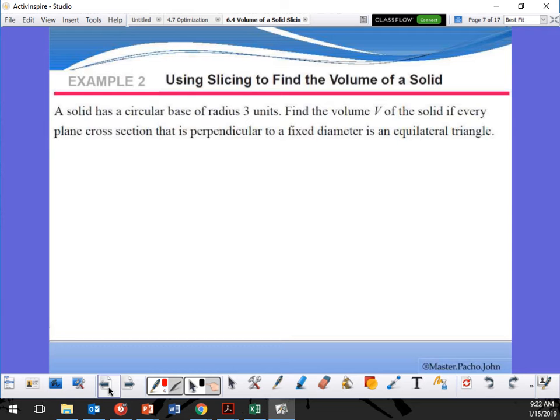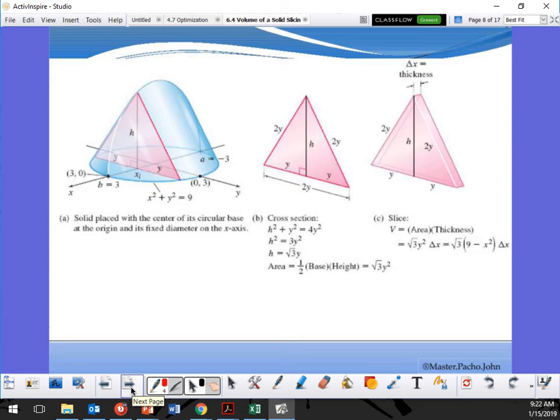That would refer to the diameter of that circle right there. Good. Find the volume V of the solid if every plane cross-section that is perpendicular to a fixed diameter is an equilateral triangle. Here, I'll start with this.